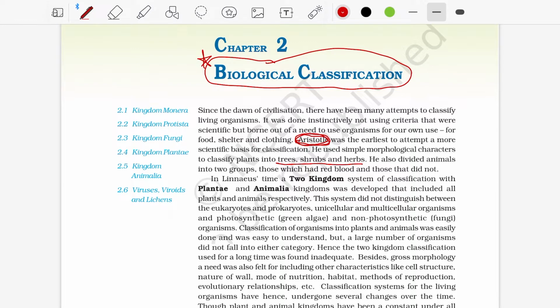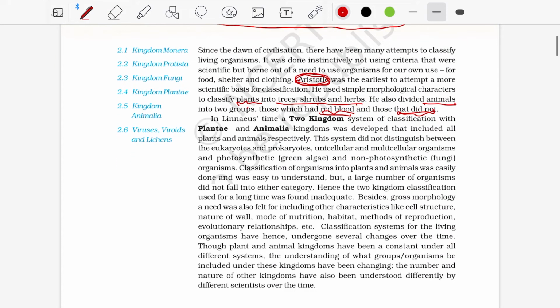He also divided animals into two groups, those with red blood and those without. So he classified plants into trees, shrubs and herbs, and animals into red-blooded and those that didn't have red blood. This is a very broad form of classification.